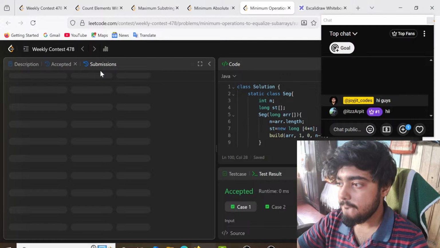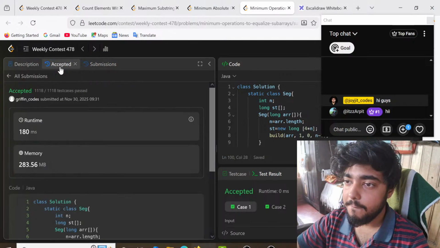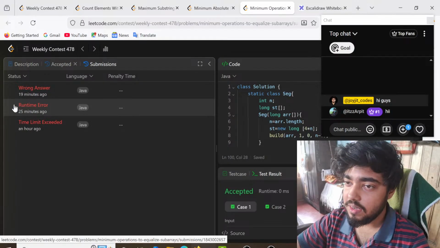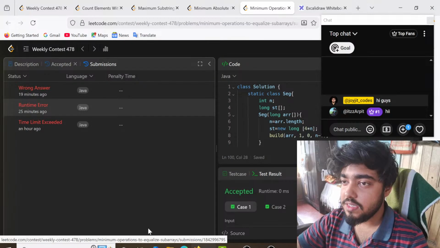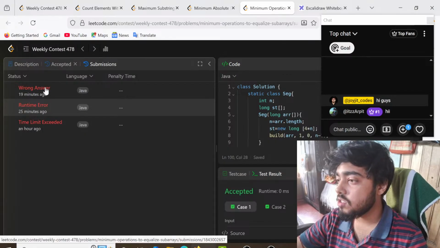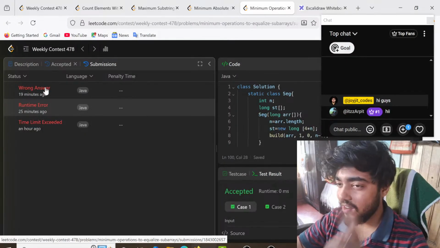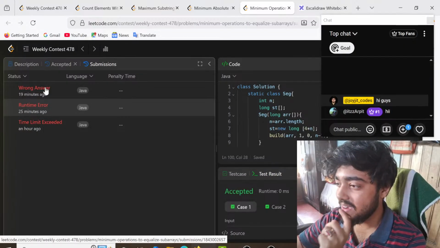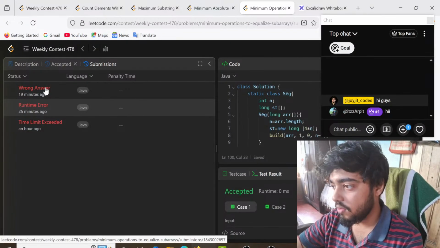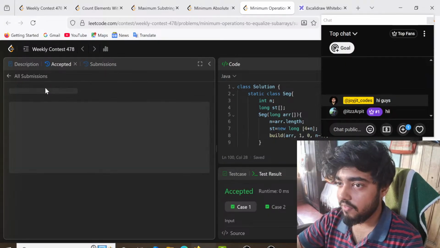You see this, 19 minutes ago, that is the 29 one. This is all the things that you have done during the contest. So I was so close. I made a mistake with int and long. I didn't make it long, so there was an overflow, and one of the test cases was failing for that.